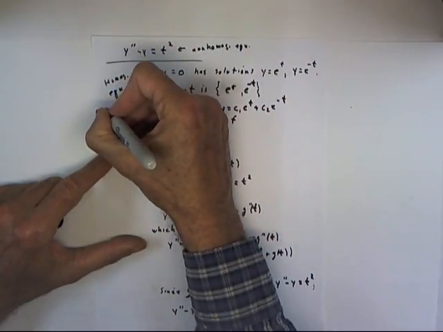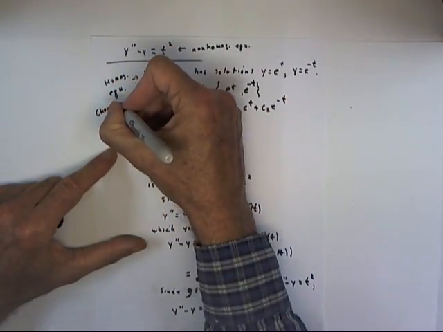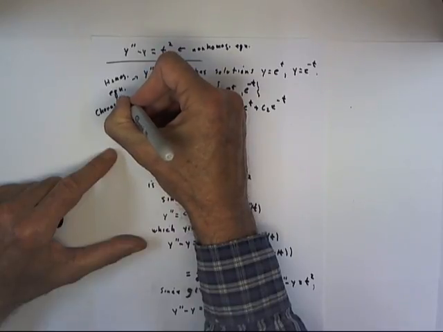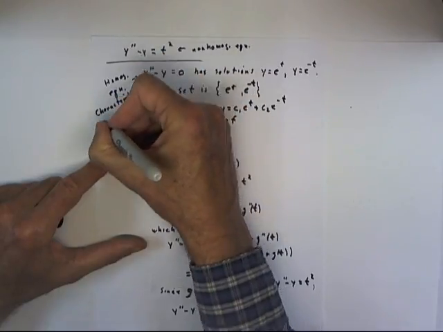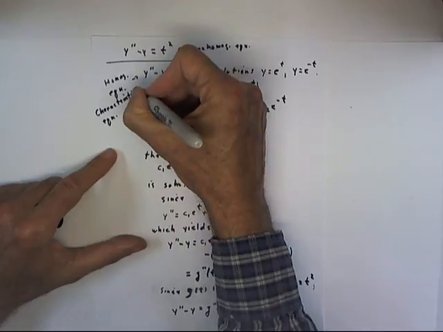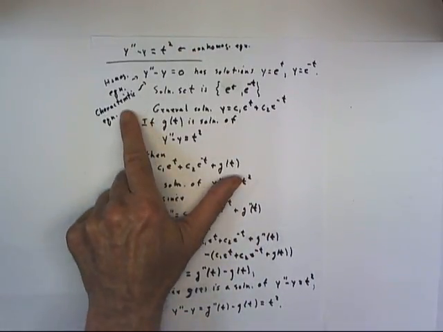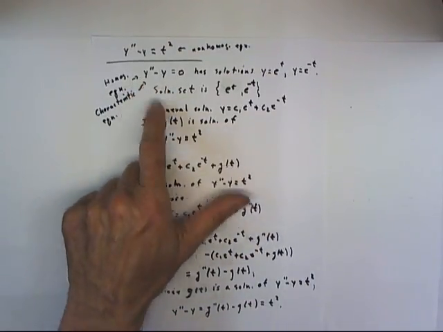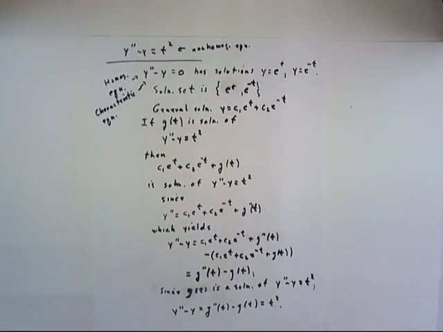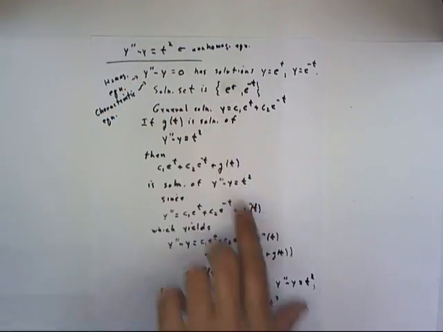And this is called the characteristic equation. I didn't write that very clearly, but you understand what I'm saying. This is the characteristic equation for this homogeneous equation. Just a little bit of terminology.